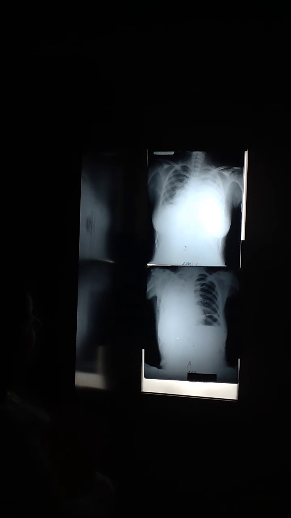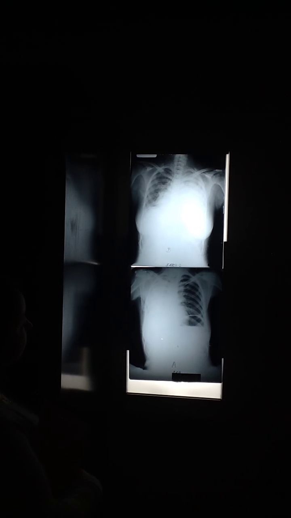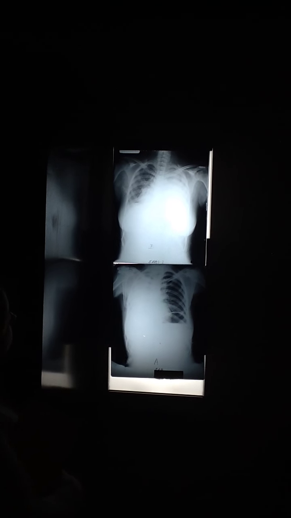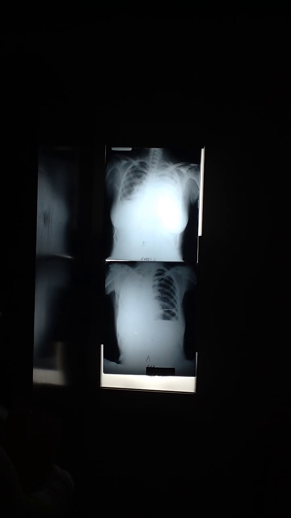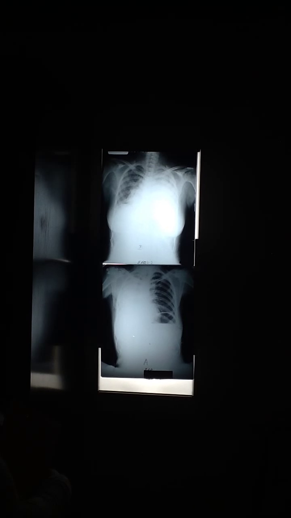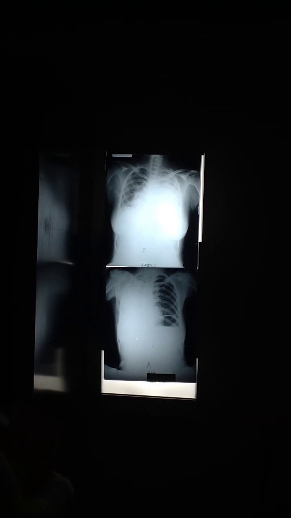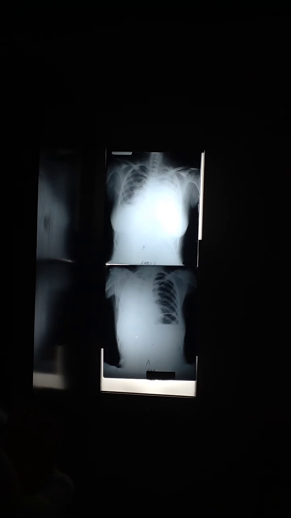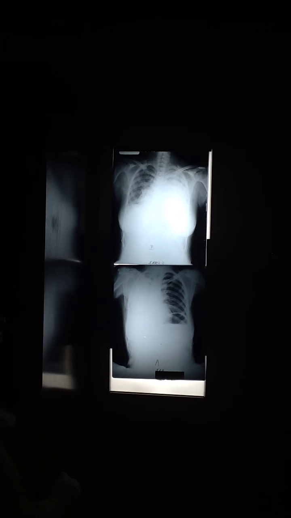Then a lobe collapses, and we get fissure displacement. We can see the fissures. Can you see any fissures? No. Well, what would happen if the patient had a pneumothorax and the lung collapsed? The mediastinum doesn't move toward the density. It doesn't move with passive unless it's from fibrothorax.